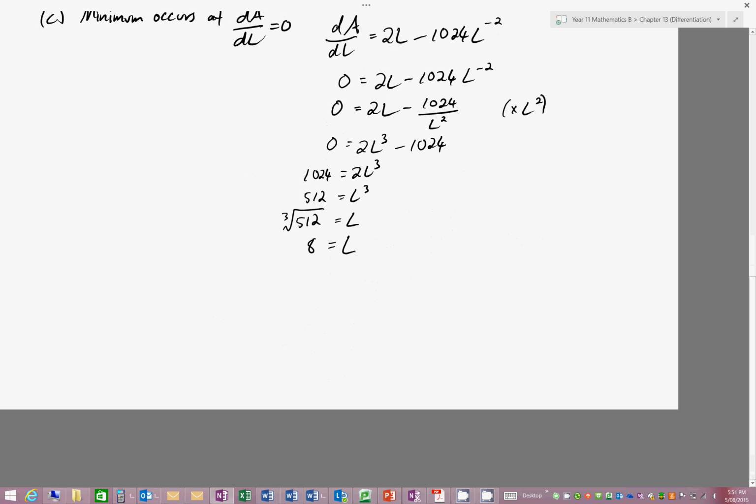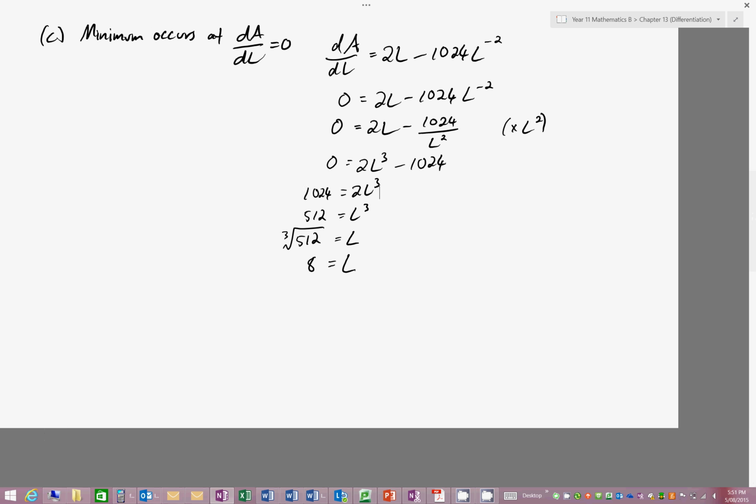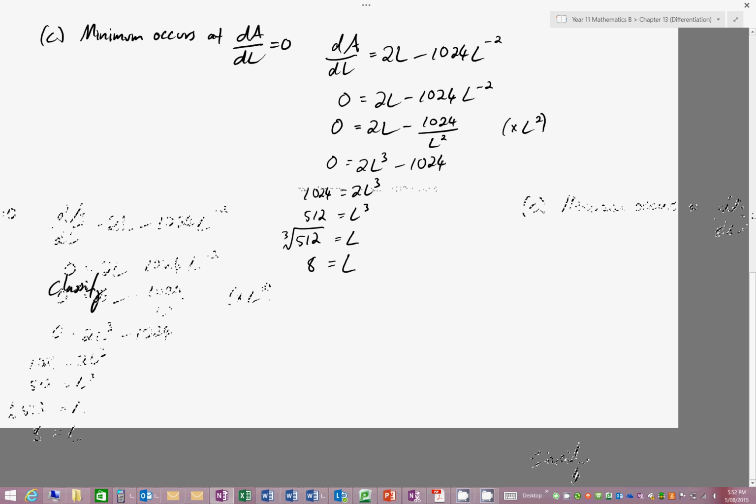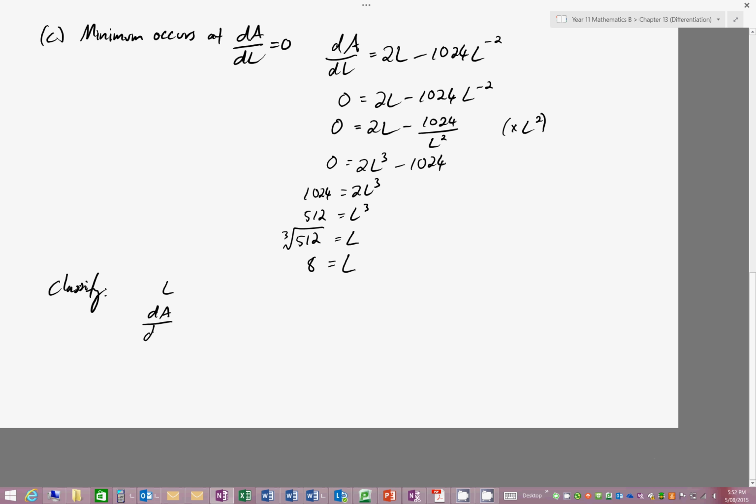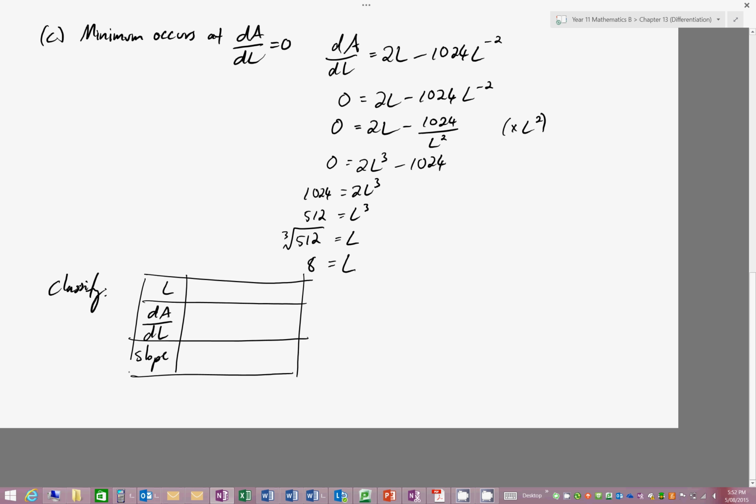I'm not sure whether that's a maximum or a minimum, so I better classify my turning point. I'll have the L values, dA/dL, and my slope diagram. I want to investigate 8, and either side of it I may as well just pick 7 and 9.